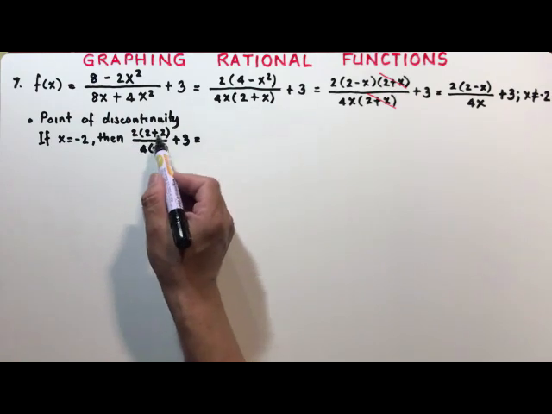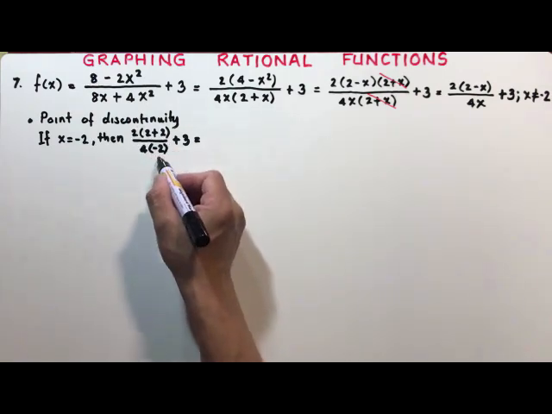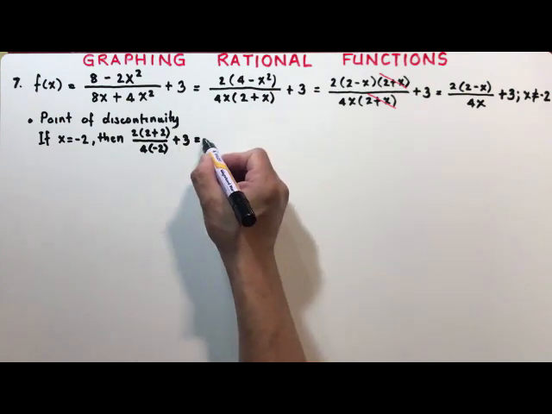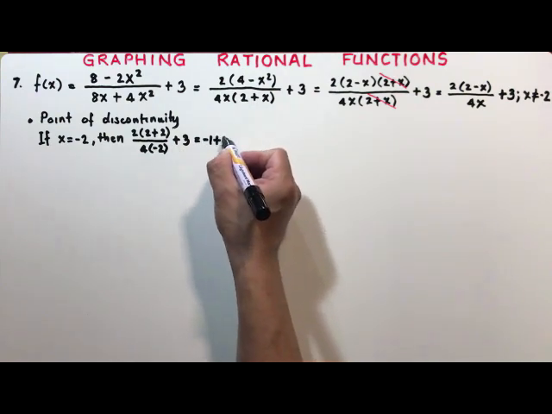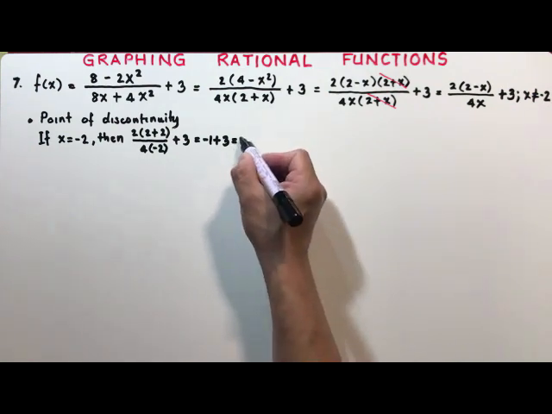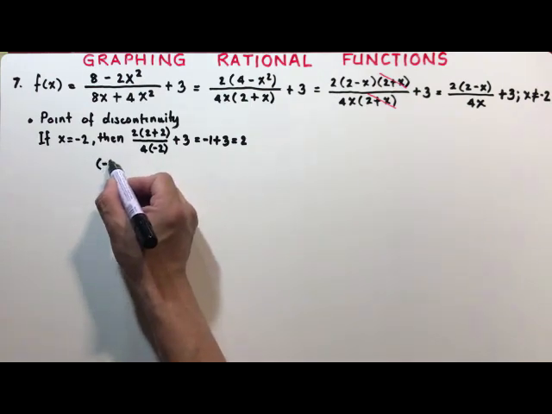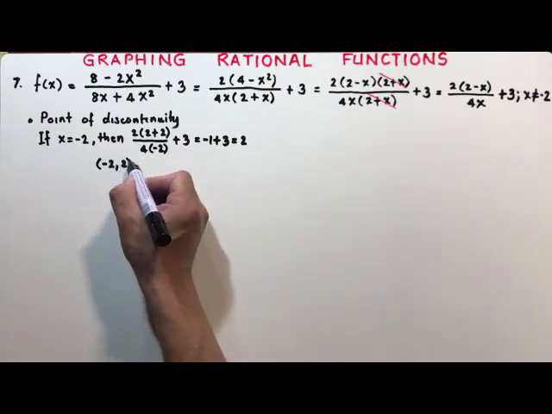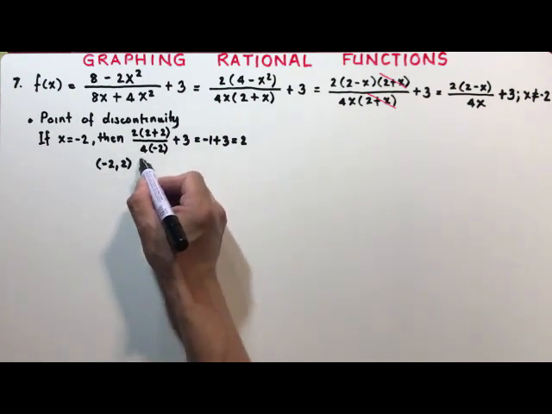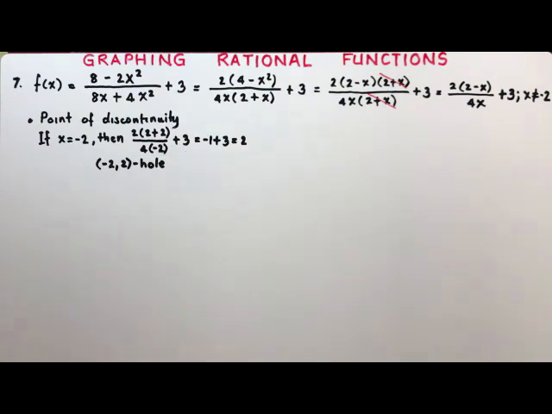So 2 plus 2 is 4, and 4 times 2 is 8. And 8 divided by negative 8 is negative 1, plus 3. Therefore, our y is 2. So the point of discontinuity is at the point negative 2, 2. This is a hole in the graph. Now let's proceed to the y-intercept.